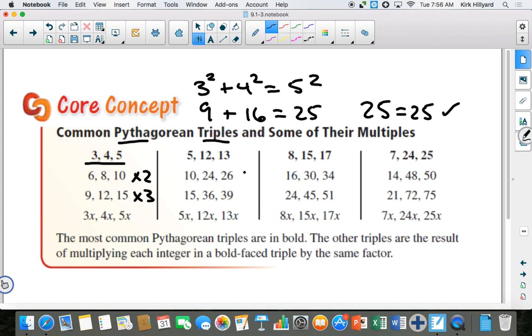This is a Pythagorean triple by 2, this one's by 3, and so forth all the way across. So these top ones are the most common Pythagorean triples, things you might want to look at. If you square the smaller two and set them equal to the larger one squared, they should equal one another, and they are a Pythagorean triple. The sides form a right triangle.